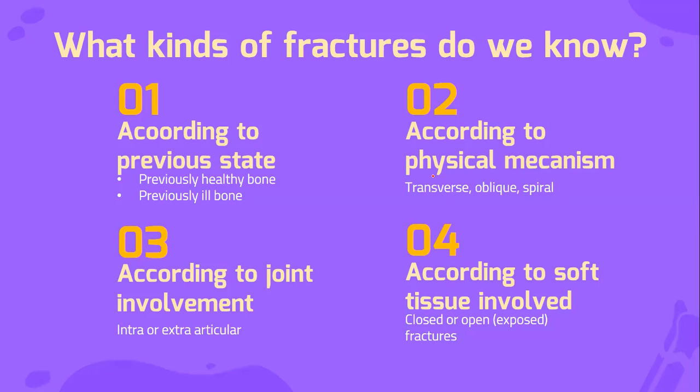Yes, thank you. That is a pathological fracture. A fracture that occurs on a previously ill bone that has been affected by some other disease and made weaker than usual. Thank you.